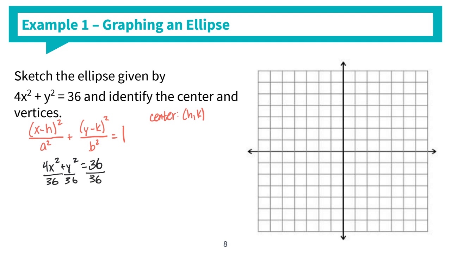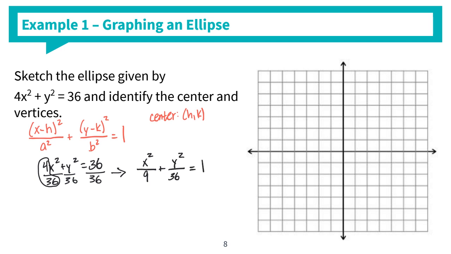When I simplify all of that, right here, 4 over 36, that fraction reduces to 1 over 9. So I'm going to write x squared over 9, because I don't need to write 1 in front of it. And then I have y squared over 36, no fraction to reduce there. And then 36 divided by 36 is 1.